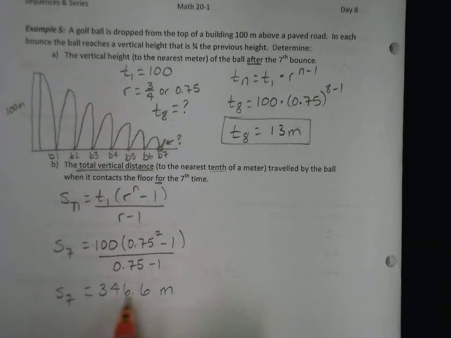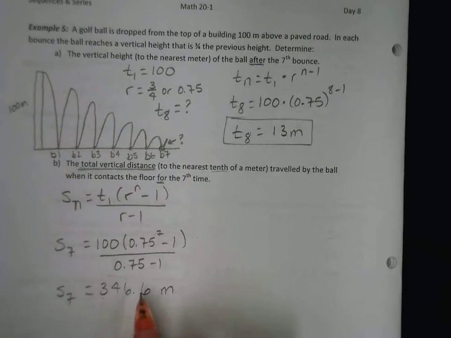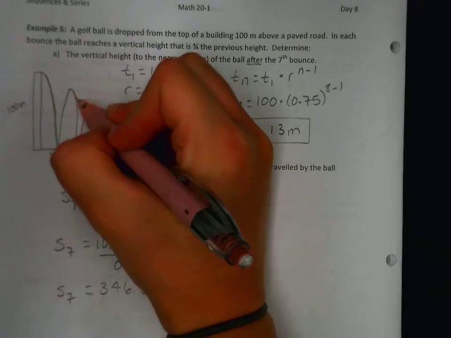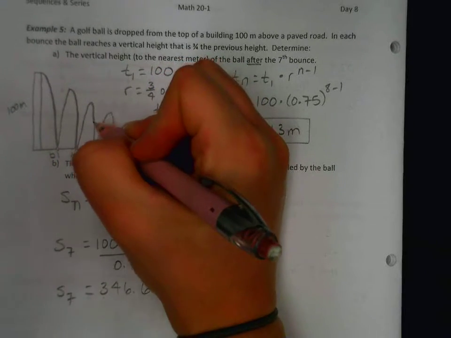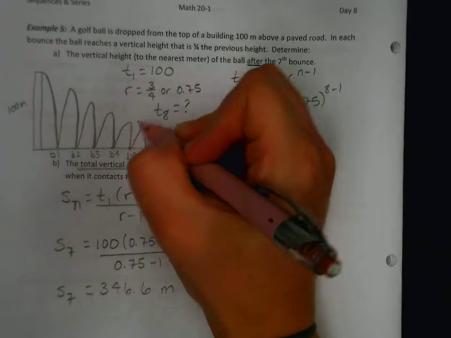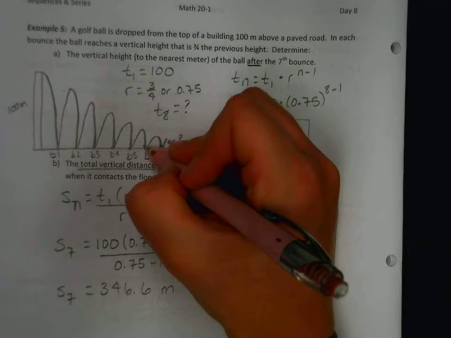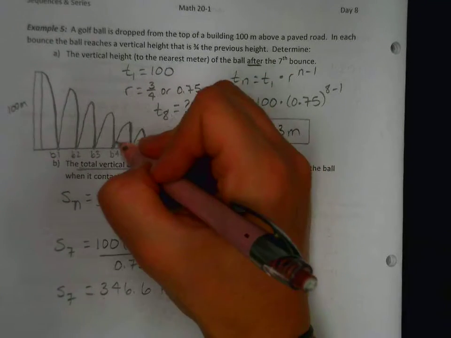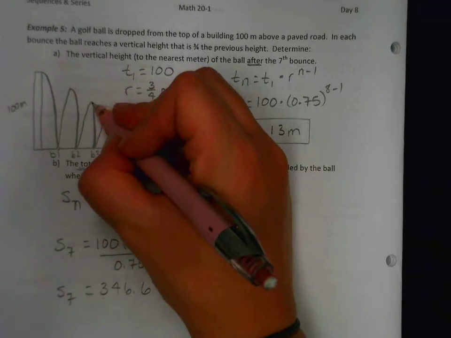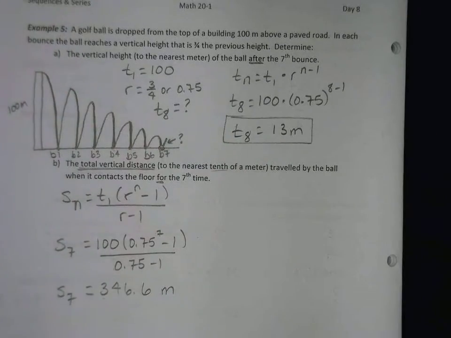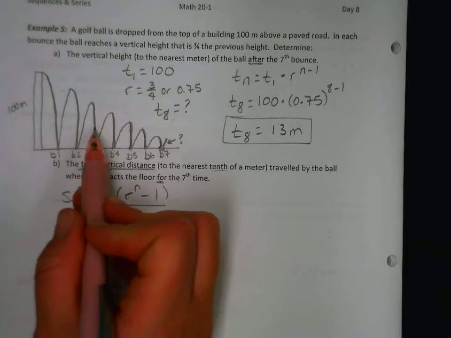This sum would represent all of the distances that the ball has dropped. And when it asks for total vertical distance, are we just including the drop zones? Or should we not be including also the heights in which the ball is rising? Okay, so we've only calculated all these drops.